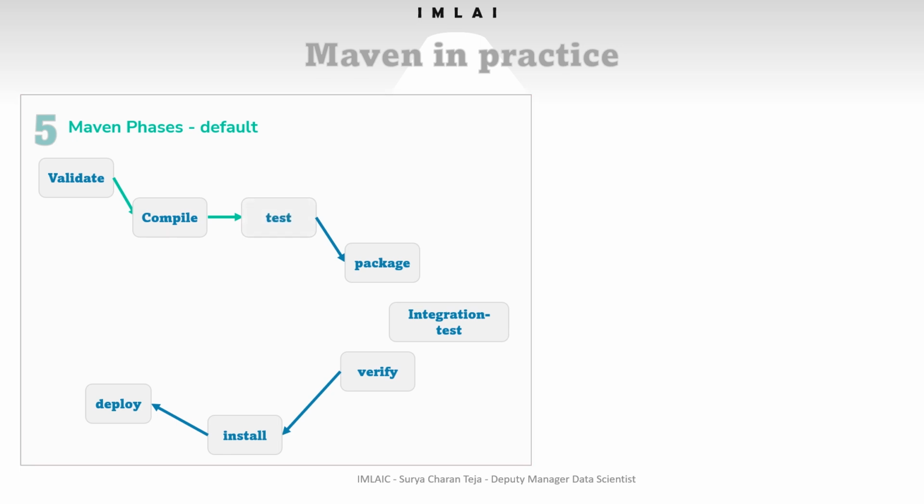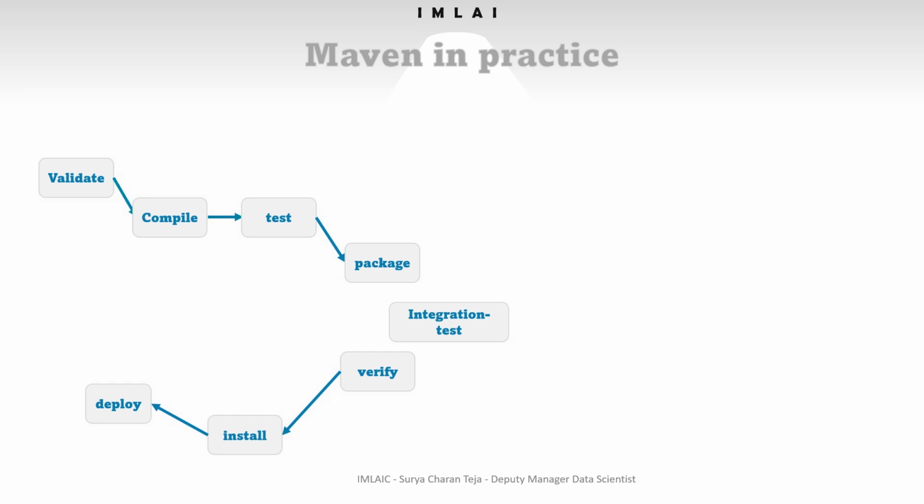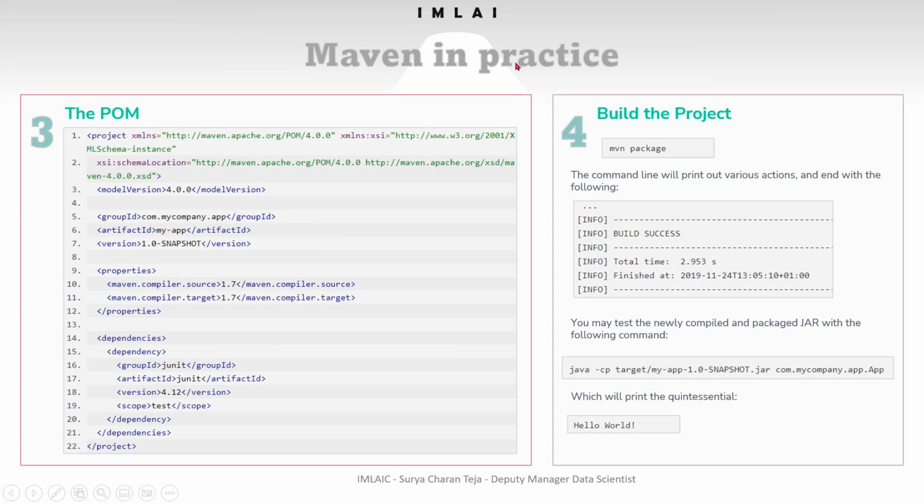So when you call a package, all phases up until that package phase will be executed. Once it's executed, you can do the testing also, that we discussed in our previous slide. So let's get into the practical demonstration.